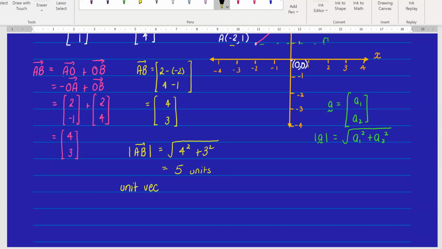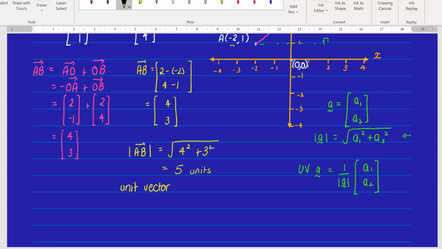Now it's pretty simple. We take the length of our vector and divide the whole vector by that. So the unit vector of A will be 1 over the length, times the vector itself.